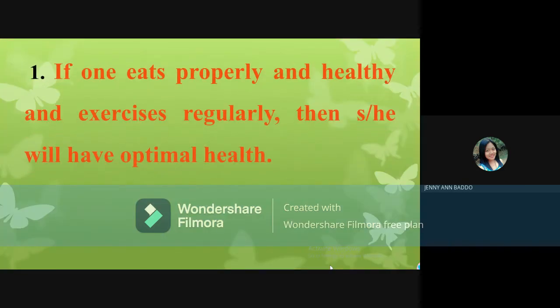First, if one eats properly and healthy and exercises regularly, then she or he will have optimal health. This statement is true, since some of the ways to have optimal health are healthy and proper eating and, of course, regular exercising. And we cannot find a counterexample for this statement.